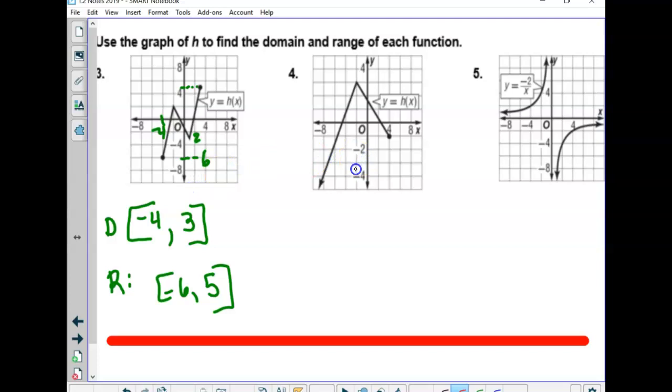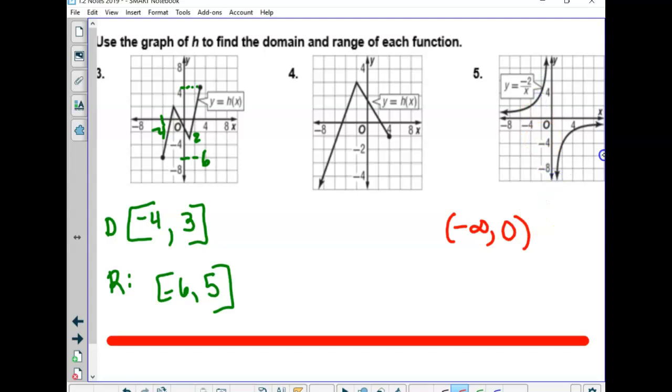Do you need me to do 4? What about 5? Left to right. No. -infinity, and then it's undefined at the y-axis, which would be 0.